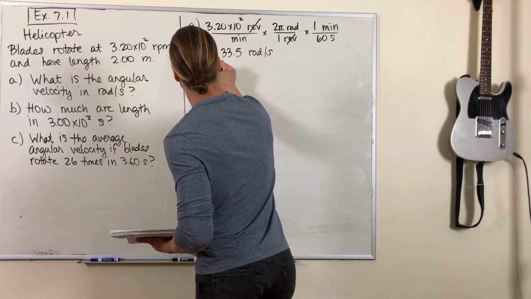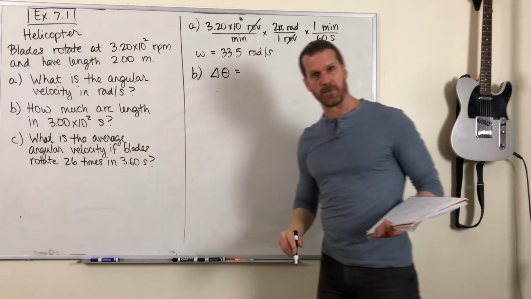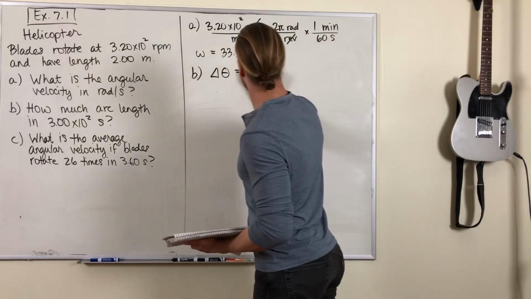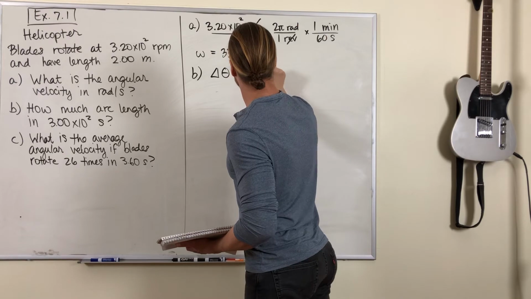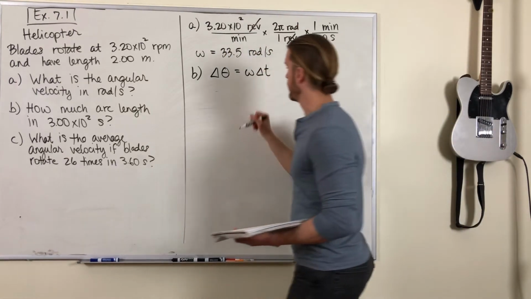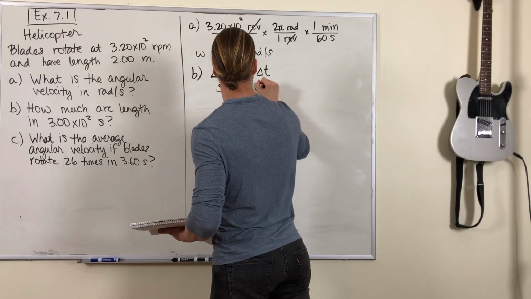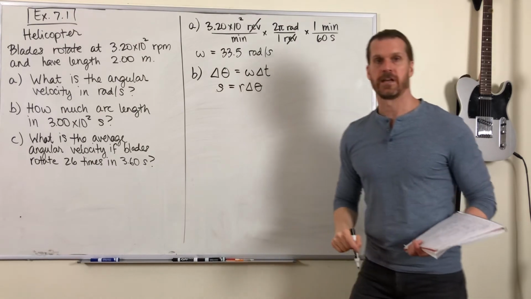we can find the angular displacement, which is angular speed times time, and then get the arc length as r times angular displacement.